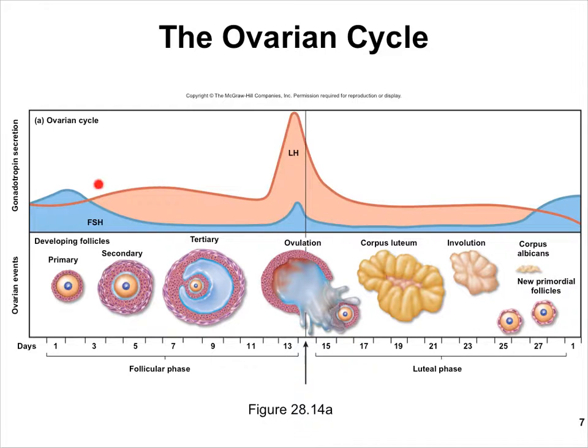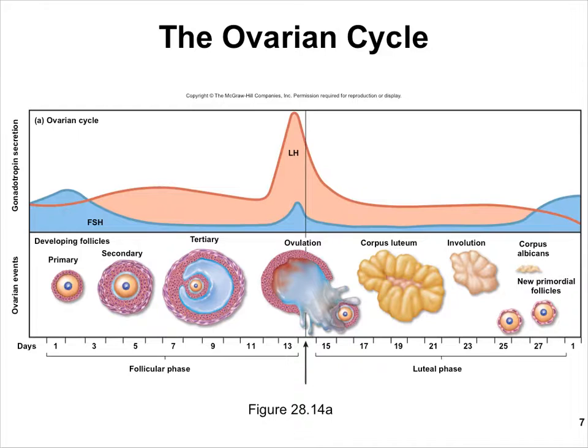High levels of FSH dominate the early part of this phase, and that's what will stimulate the development and growth of those follicles, and will begin recruiting those new primordial follicles to turn into primary follicles. As this goes on, we'll see what's happening with estrogen and progesterone in a second.